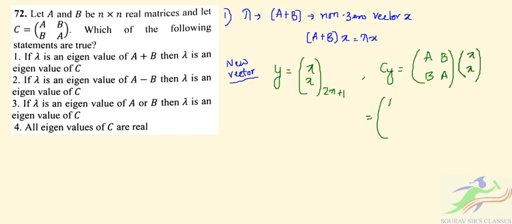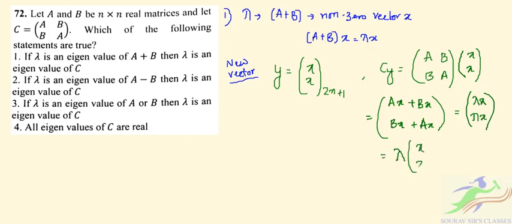We have Ax plus Bx, Bx plus Ax, right? Which is nothing but, in both cases, lambda x and lambda x. If we take lambda out of it, we have the column vector of x and x, which is nothing but lambda times y.